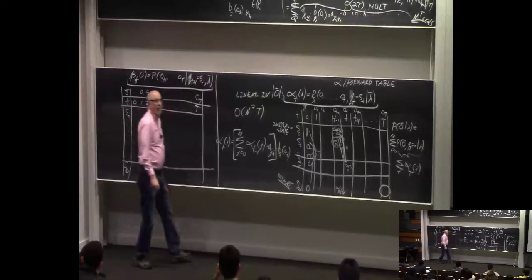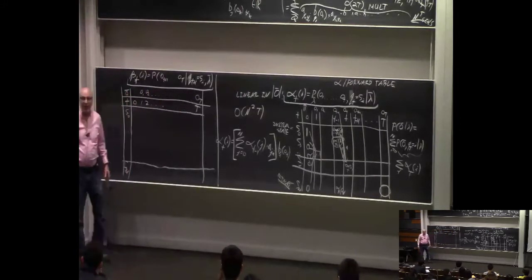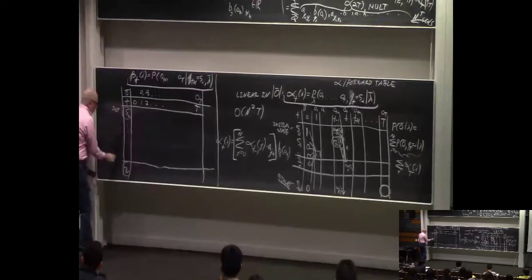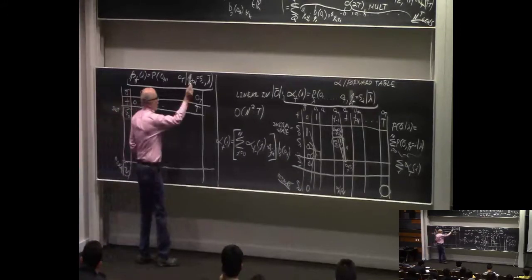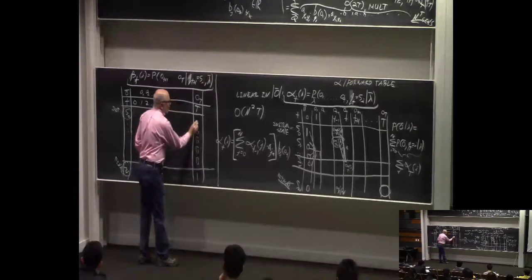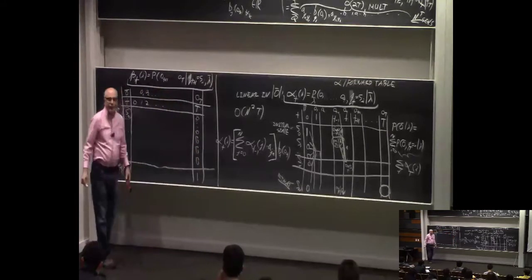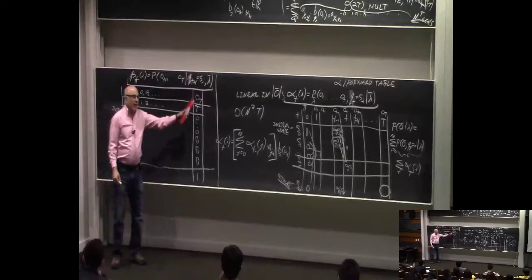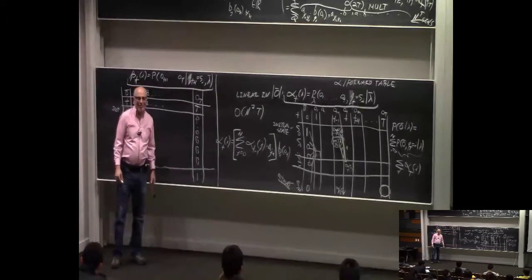It is most convenient for me if I define an initial state and the final state. If I define this as the final state and this is the initial state, then at time T, I can put a 1 here and zeros here. If not, I have to specify a final distribution.